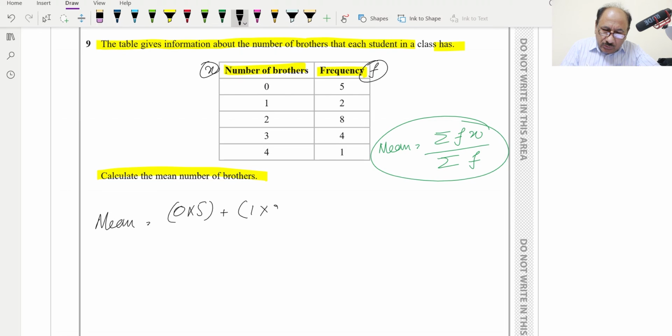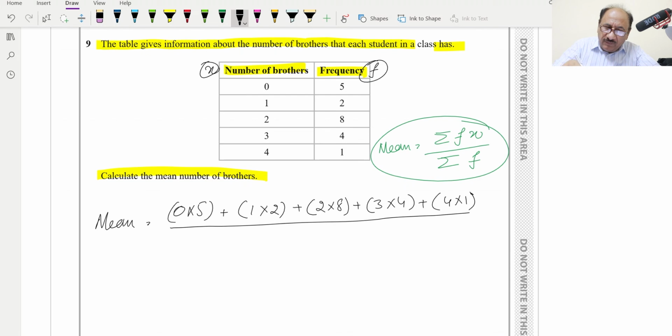So this one plus this will be 2 into 8 plus this will be 3 into 4 and the last one will be 4 into 1, divided by sigma f, the frequency. For this we add 5 plus 2 will be 7, 7 plus 8 will be 15, 15 plus 5 will be 20, so this will be 20.